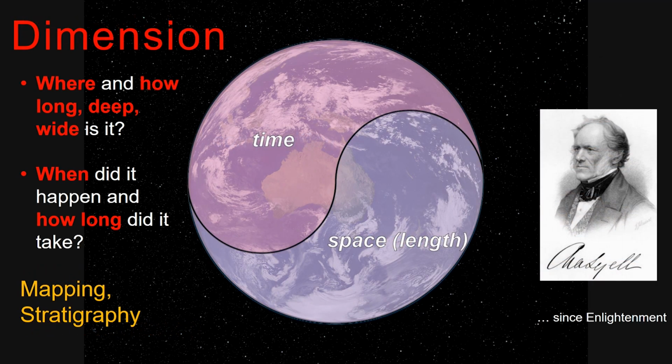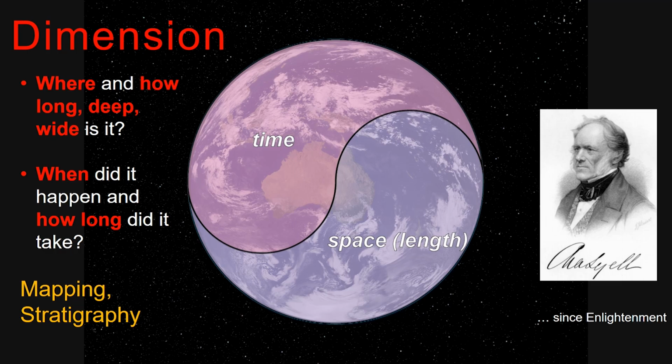In addition to understanding the material, what kind of rocks we look at, it's also important to understand the dimensions of time and space. So where and how big is a certain geological formation? How long, how deep, how wide is a geological structure in 2 or 3 dimensions.